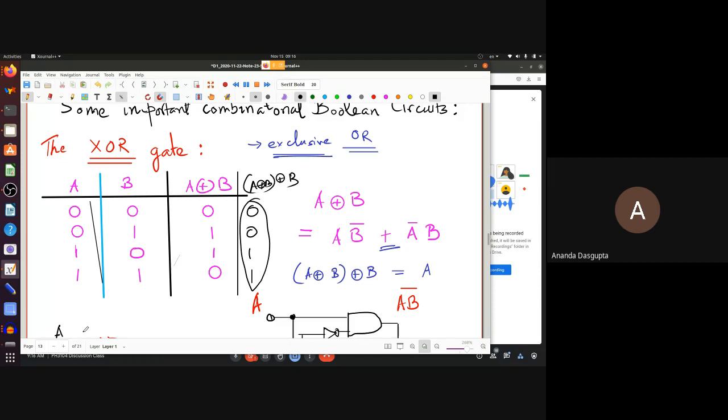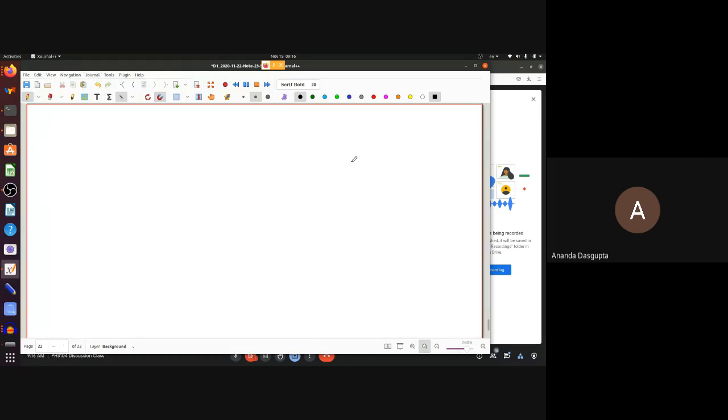The other way of doing it would be to simply use this. I think that's what you were saying. If you start with A XOR B is AB bar plus A bar B, then, okay, I need some space here, so let me create a new page.